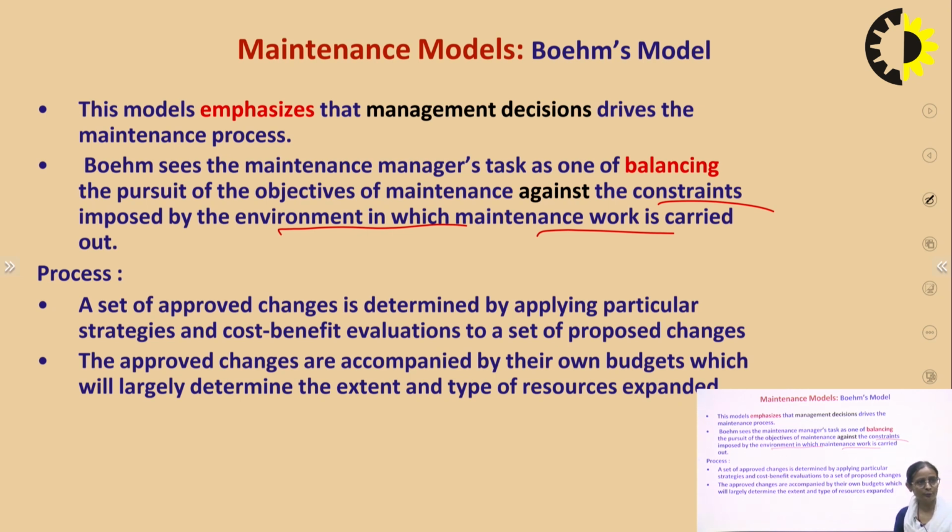A set of approved changes is determined by applying particular strategies and cost benefit evaluations to a set of proposed changes. This is very important according to Boehm, because ultimately the decision is taken by the management. The approved changes are accompanied by their own budgets, which will largely determine the extent and type of the resources expended.